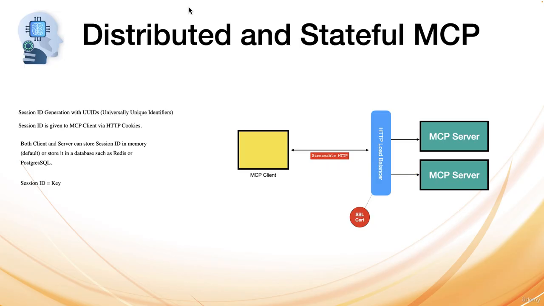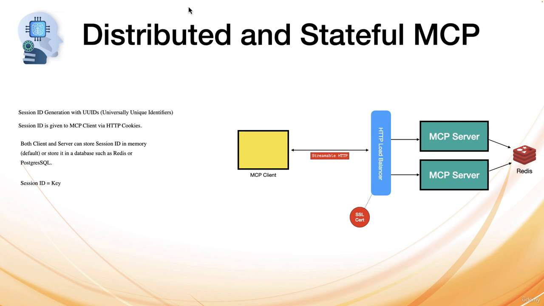To fix this problem, you need a database of any sort that you prefer. Normally, Redis is a good option because Redis is basically a key value type of database and allows very fast access to data. All the instances of your MCP server will have to have access to Redis and store the session information in Redis as key value pairs.